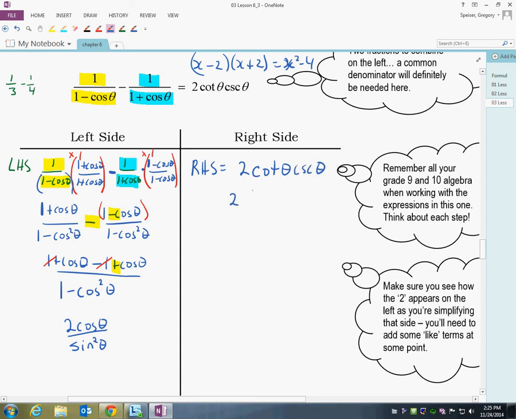Cotan is equal to the cos of theta over the sine of theta, multiplied by cosecant, which is 1 over the sine of theta. And now we see how it's going to work: 2 times the cos of theta all over sine squared theta. So now I can say that the left-hand side is equal to my right-hand side, and have successfully proved that one. So that's kind of cool.